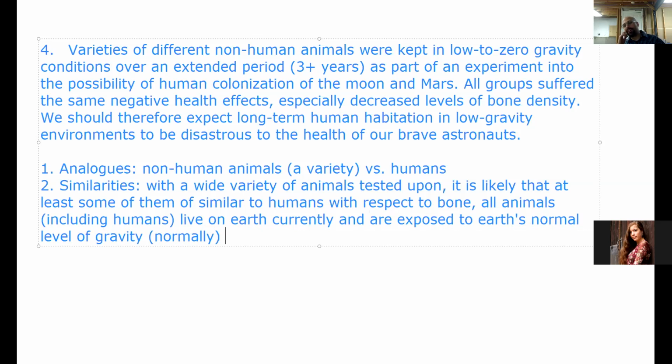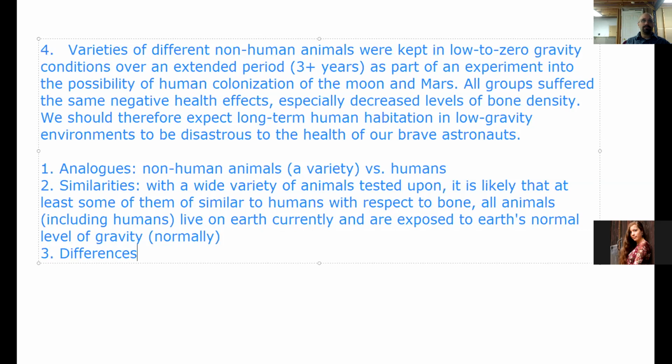This test isn't being carried out on any Martian spiders or whatever. Like, not that there are such things, right? But if there were Martian spiders, if you were testing it on them, yeah, we might well suspect that there are important differences. But in this case, all of these are Earth animals that are exposed to Earth's normal gravitational field.